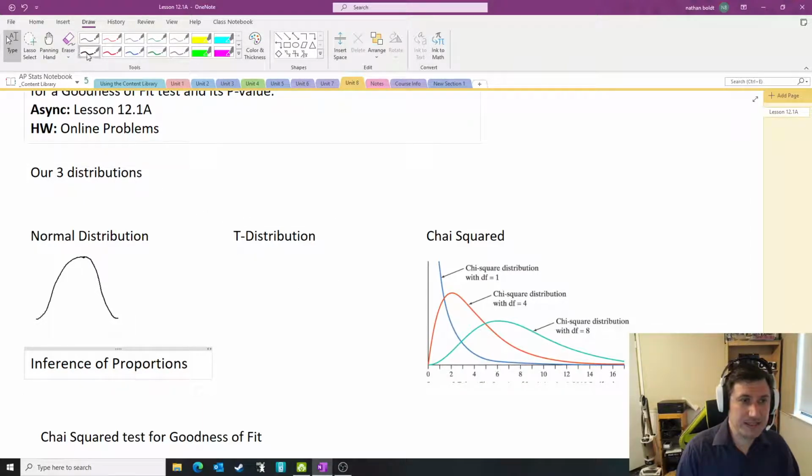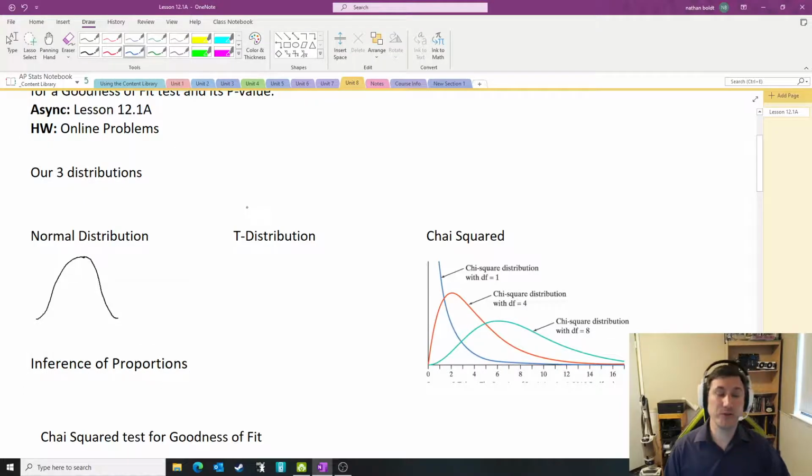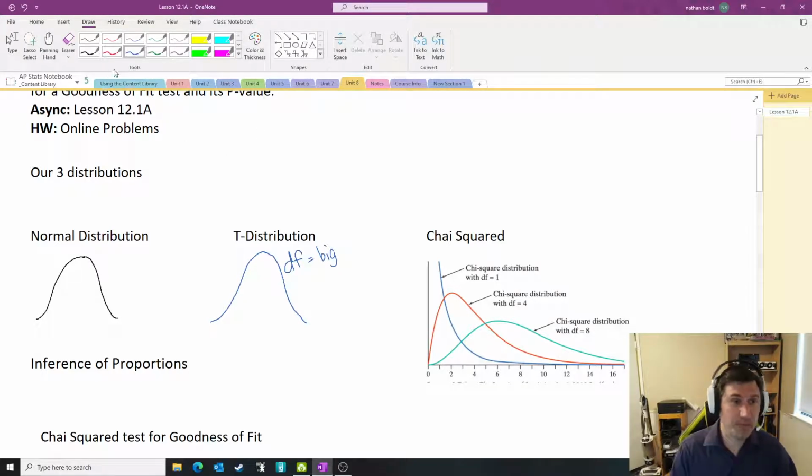If we are doing a t-distribution, that happens when we do an inference of means. So remember, the t-distribution is very similar to the normal distribution. It's almost exactly the same if your degrees of freedom are high. If you have a large sample size, a high degree of freedom, then it's basically normal.